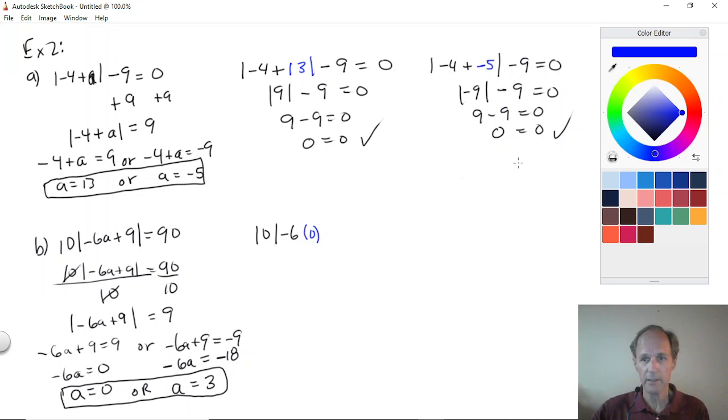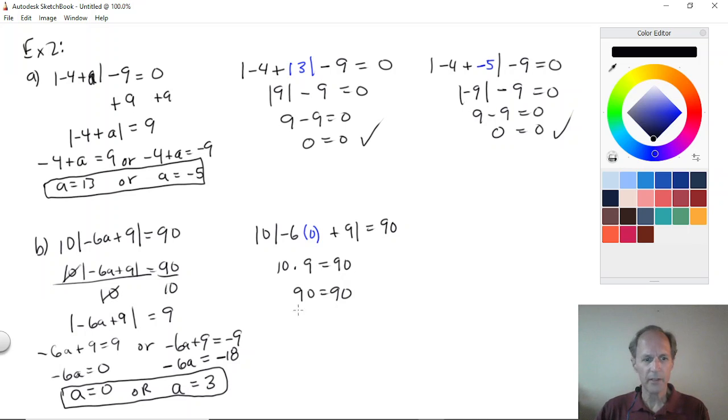We plugged in the 0 for a, plus 9 equals 90. And if you carry that on down, what's inside the absolute value bars is 9. The absolute value of that is 9. And so you get 10 times 9 equals 90. And 90 equals 90.